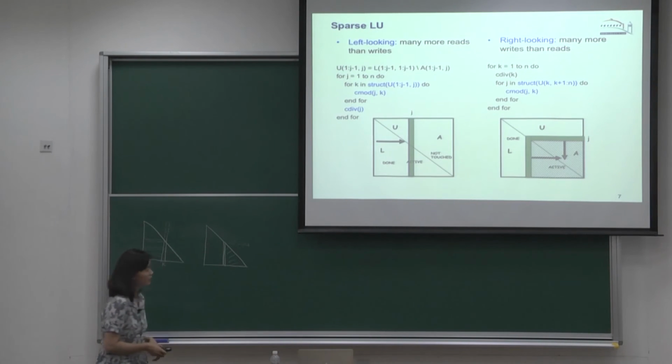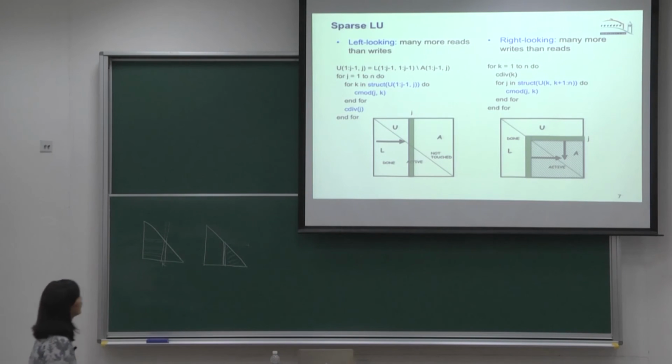Okay, so for LU, it's similar. And LU is actually slightly easier to understand because you have both data structures here. For symmetric factorization, you have to think about it in the mirror. But here, you just have everything. So for left-looking, what you do is look at the non-zero pattern of this column.